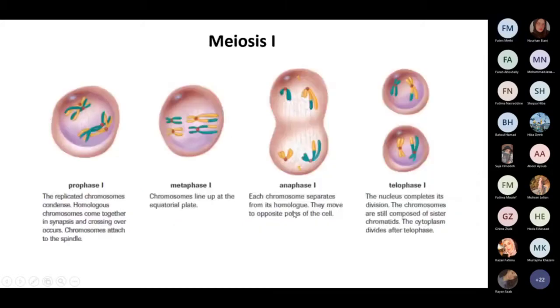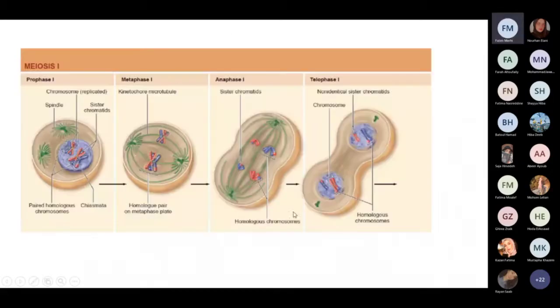Now, here we can review the different stages of meiosis 1. We have the prophase 1, where we had the crossing over, the binding of the homologous chromosomes at the level of the chiasmata. At the metaphase 1, they will attach to the microtubules on the equatorial plate, and their orientation is random on this equatorial plate.